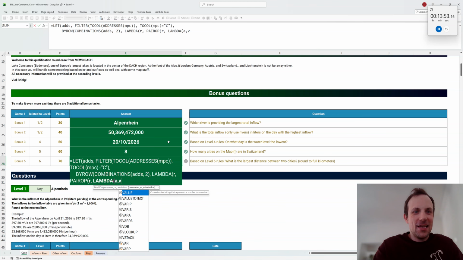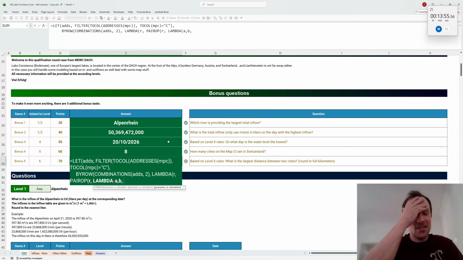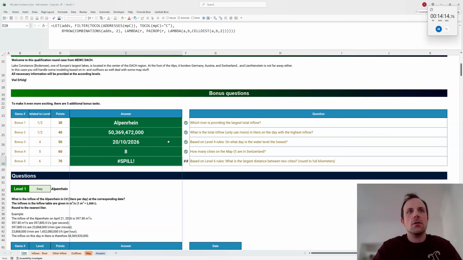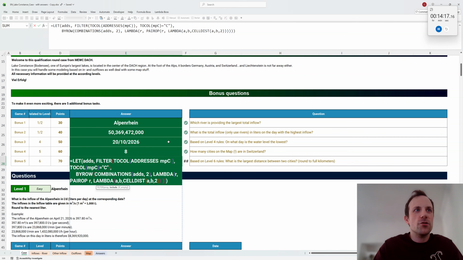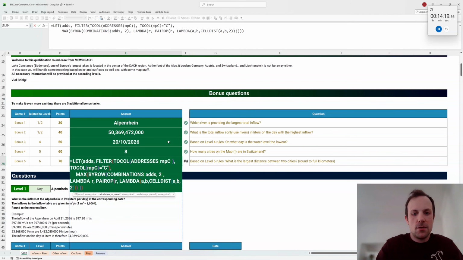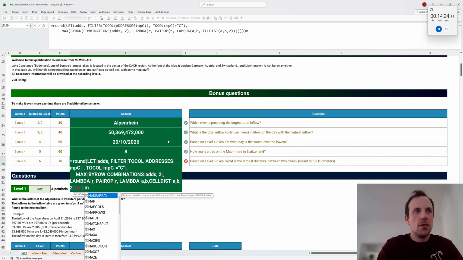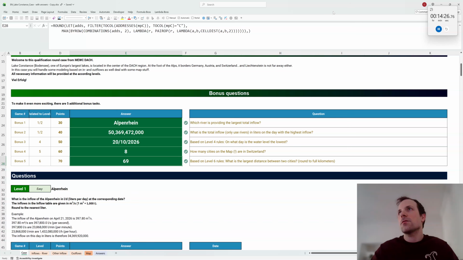Where I do a lambda AB, which just takes each item in the row and does cell distance between A and B, 2, close lambda, close the pair op, close the lambda, close the by row. I've completely lost track of where I am now. Close the let. Oh, and I want to do a max, don't I? And then I want to round that. Yeah, let's just do it around the entire thing. Okay, done.